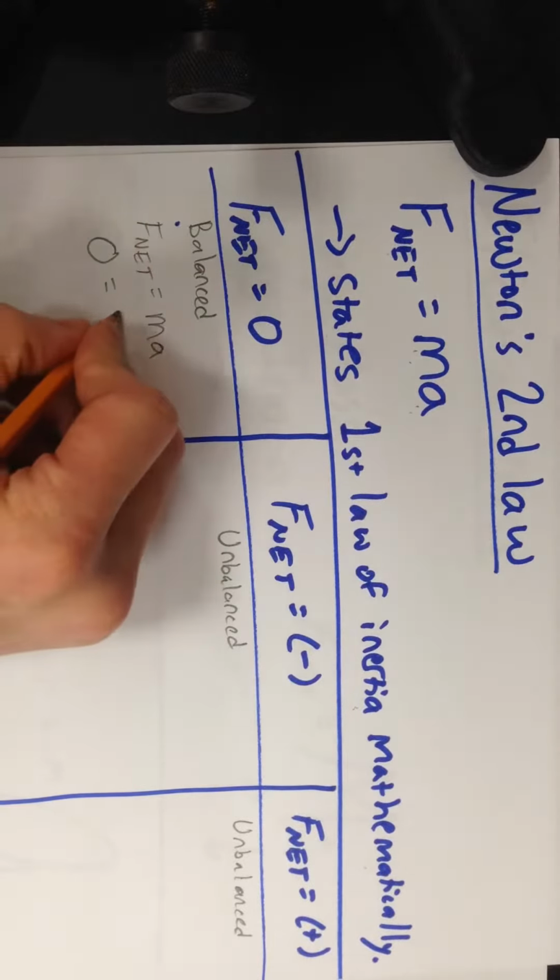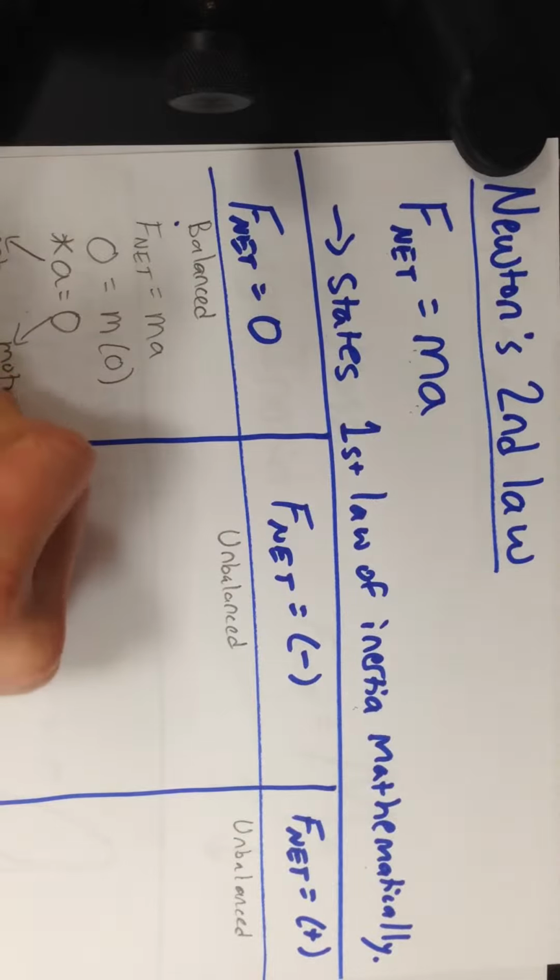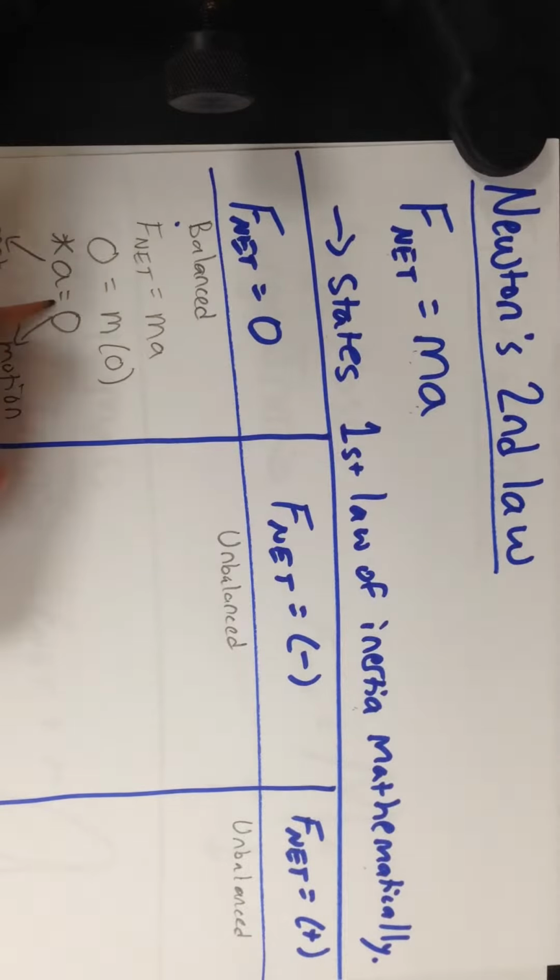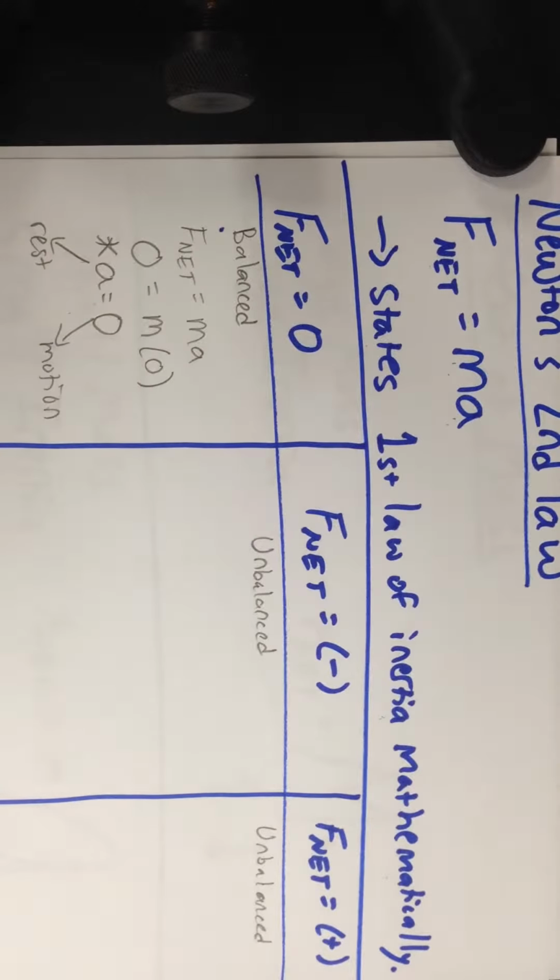What are two things that can be happening to an object if a equals zero, whenever the net force is zero? Two things that could be happening is the object could be at rest or in motion, but whatever it's doing, acceleration equals zero means there is no change in the object's velocity.